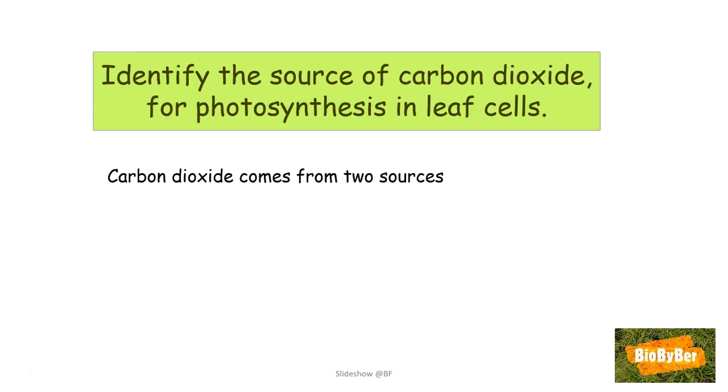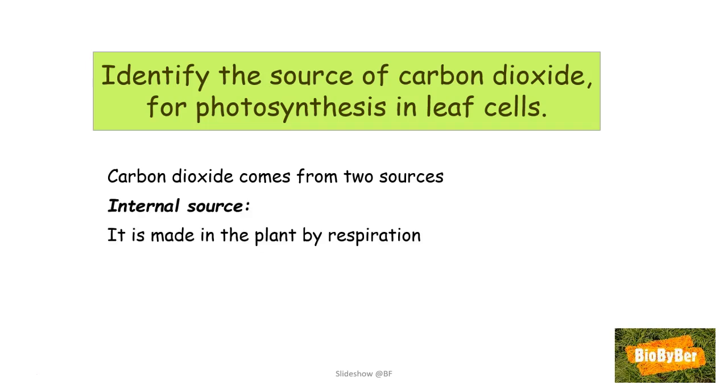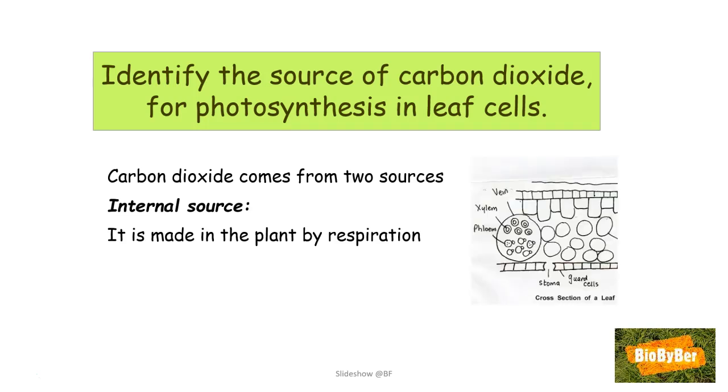What is the source of the carbon dioxide for photosynthesis? Don't forget, carbon dioxide is one of our ingredients. Well, carbon dioxide comes from two sources. There is an internal source. It is made in the plant by respiration. So if we look into our little leaf, where we can see the cells that might be carrying out photosynthesis, perhaps this one here, then that cell will get the carbon dioxide, the ingredient that it needs, from its neighbours.